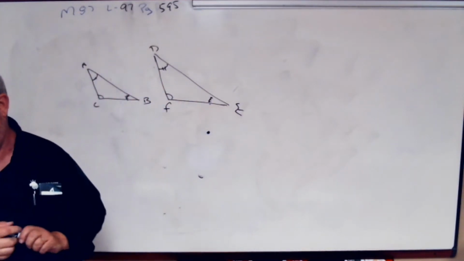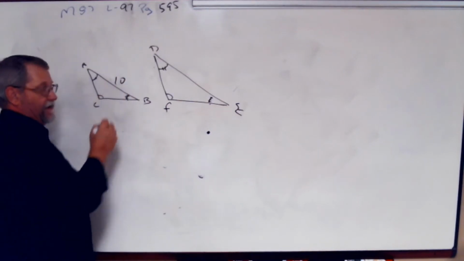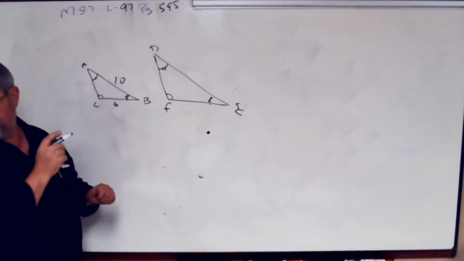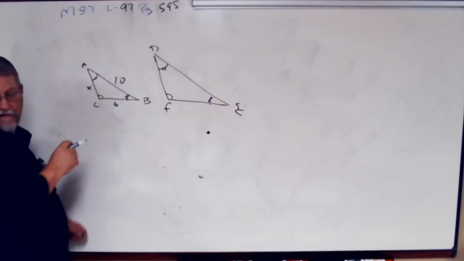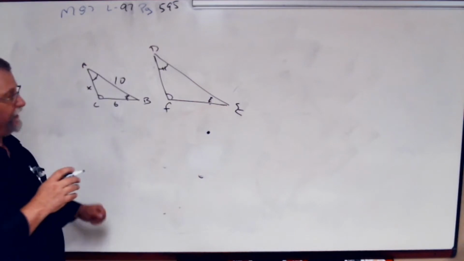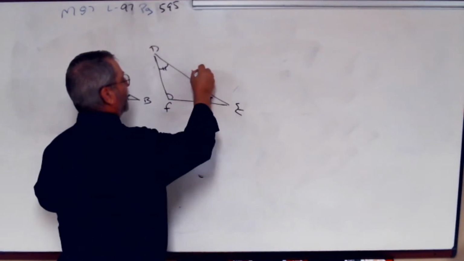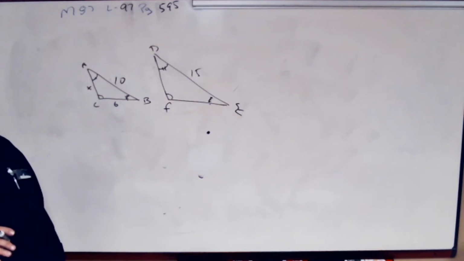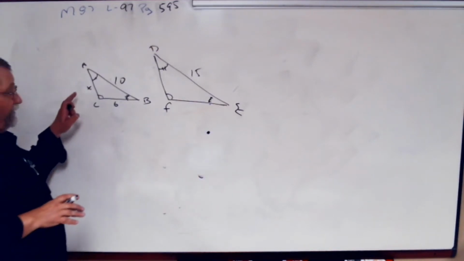On the little one, we'll have 10 on the big side, 6 and x over here. And on the other triangle, we'll have 15 on the big side, and then 12.